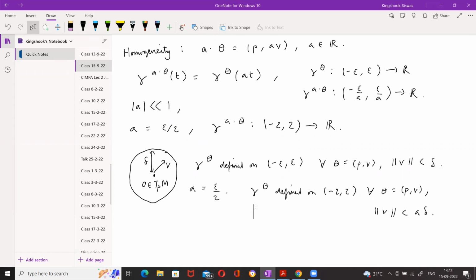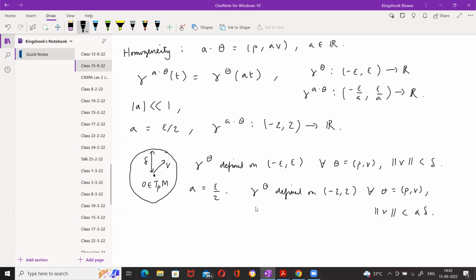So we've seen that if I take small enough vectors in the tangent space at a point P, then geodesics with those small initial conditions are defined on a fixed interval, say -2 to 2.